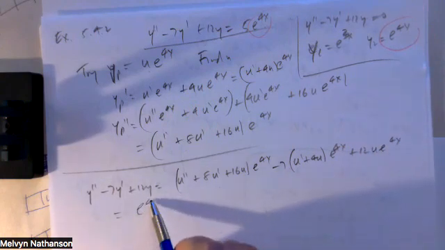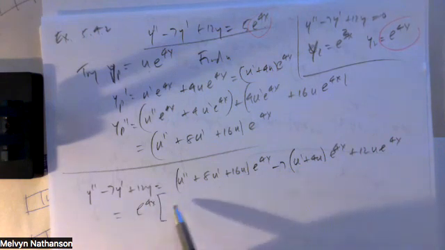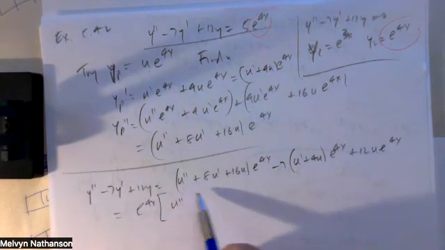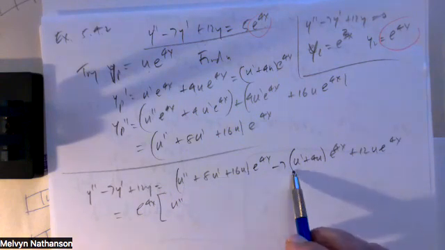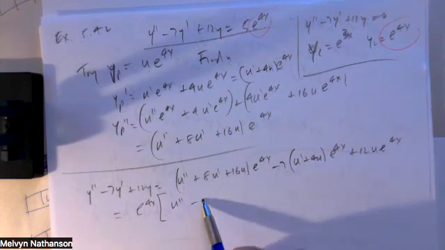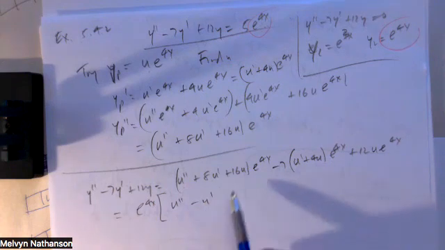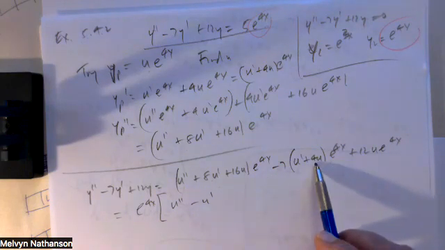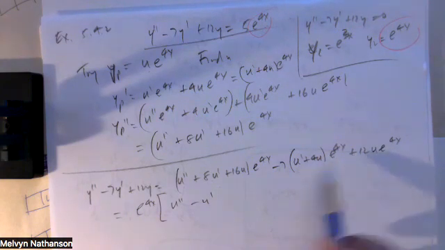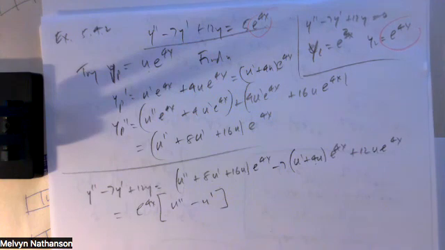I could factor an e to the 4x out of all of this. I get u double prime, 8u prime minus 7u prime is u prime, plus 16u minus 28u plus 12u is zero u. I just get this.